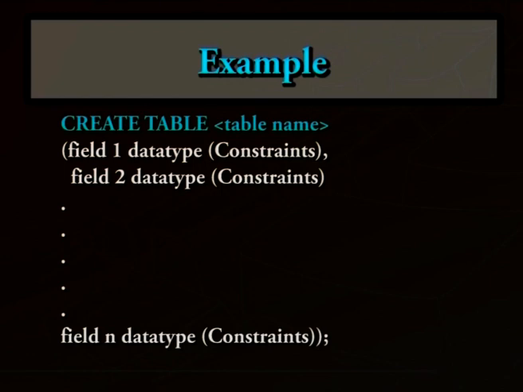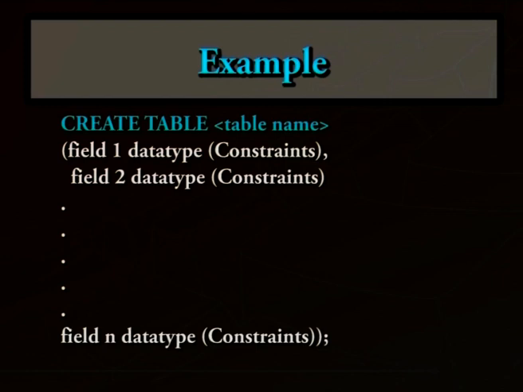In this syntax we have the keyword CREATE TABLE followed by the table name, then the details of the fields or attributes of the table are defined along with the constraints if there are any. Here CREATE TABLE is the command to create the table, and the table_name parameter is the name of the table to be given by the user.